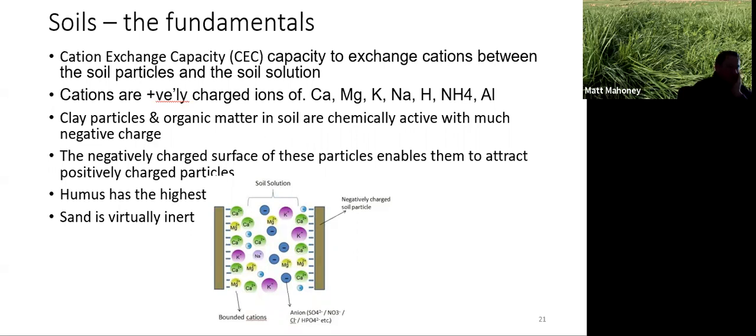I know it's fairly complex, but pH is determined by the number of free hydronium ions, or H plus positively charged hydrogen ions, in the soil, and they can bind and cause the acidity in the soil. In a nutshell.